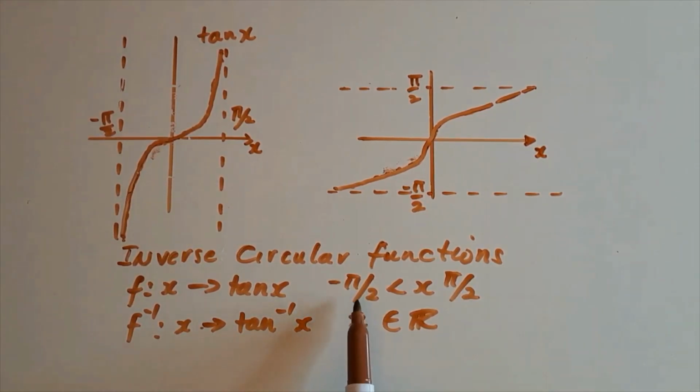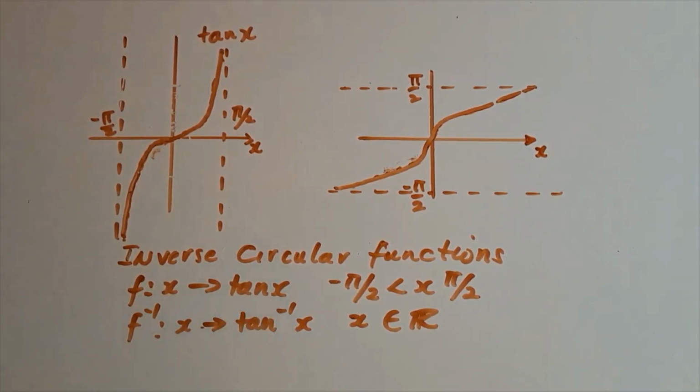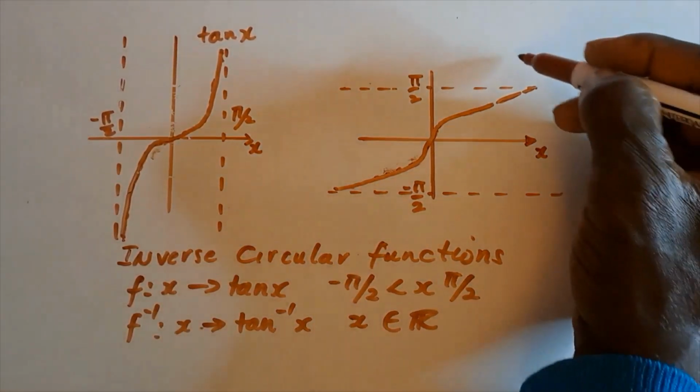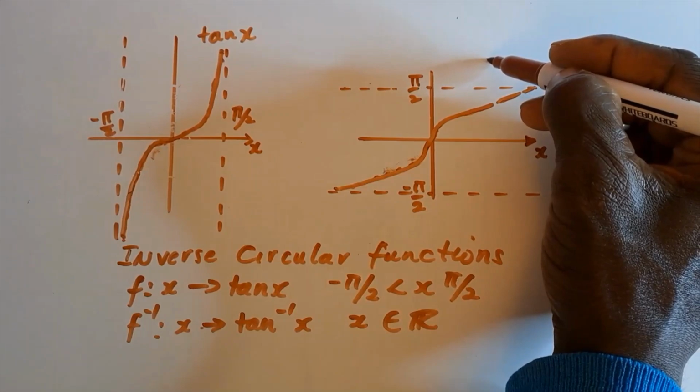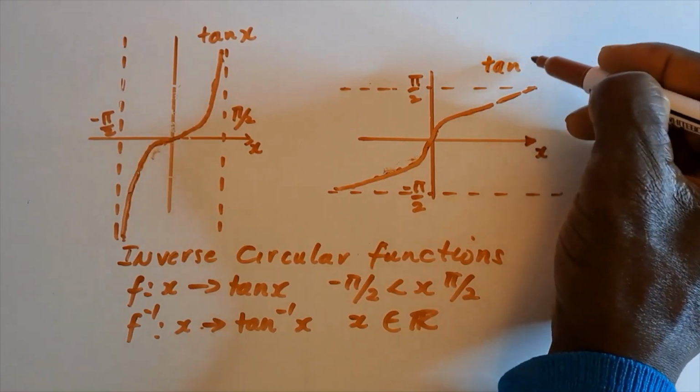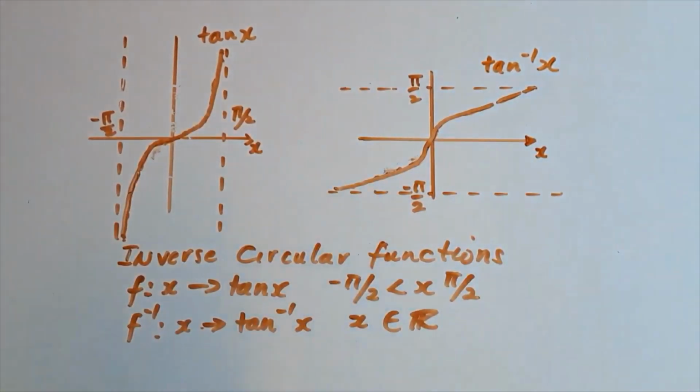Here we have an input of an angle in radians with an output of a number, similarly to both sine and cosine x. I forgot to write here that this is tan inverse x.